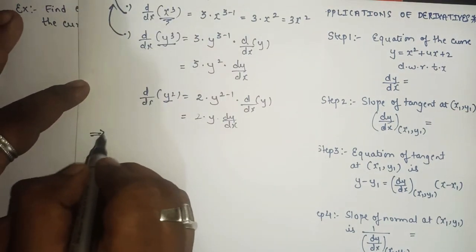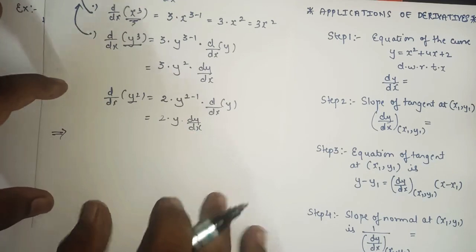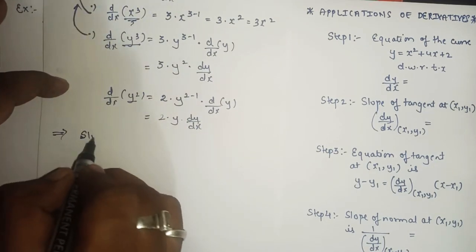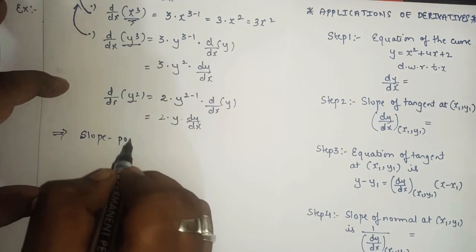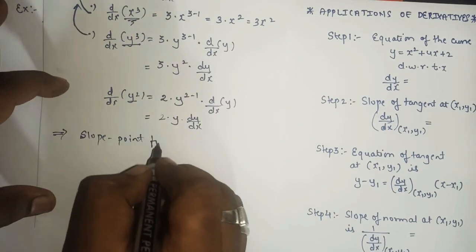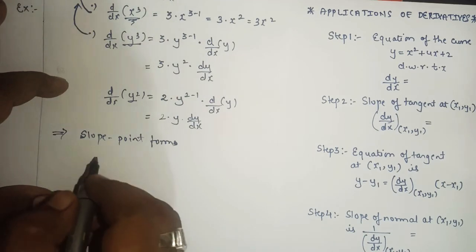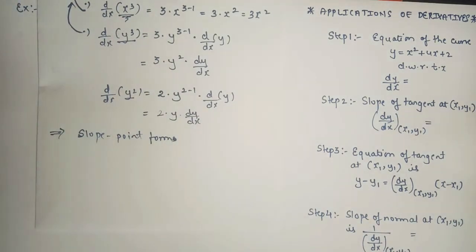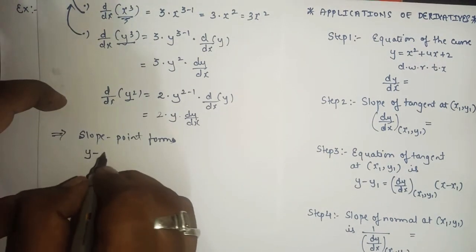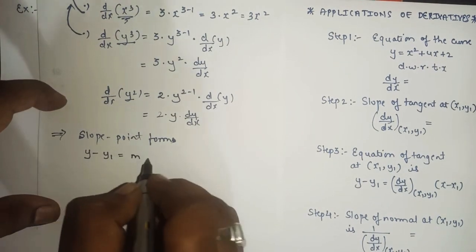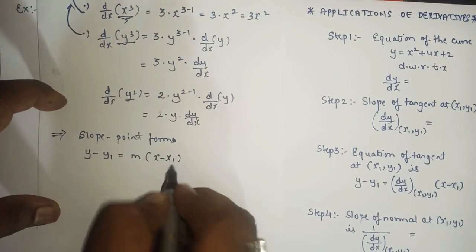The second point is, I hope you all know the slope point form formula, yes or no? So what was the slope point form? I guess you studied it in 10th standard in coordinate geometry. It was y minus y1 equals m into x minus x1.